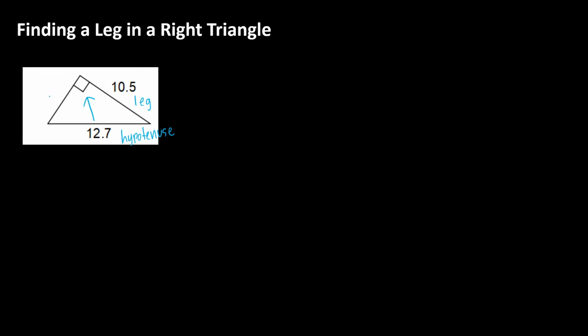Let's call it M. And this is to demonstrate we get to use whatever variables we need to solve the problem. So you can use x, m, l, s, whatever works for you. So when we set this up again, the Pythagorean theorem says leg squared plus the other leg squared is equal to the hypotenuse squared.